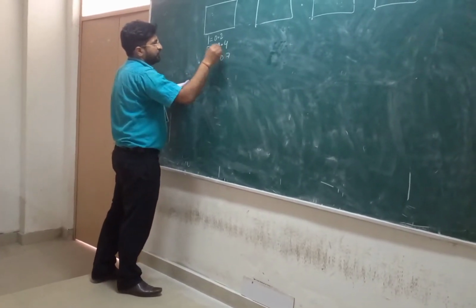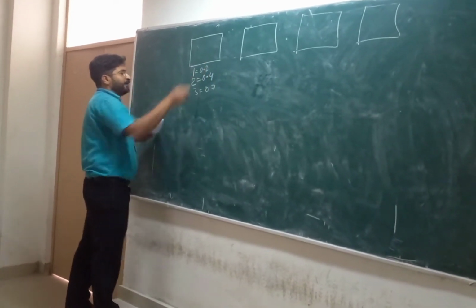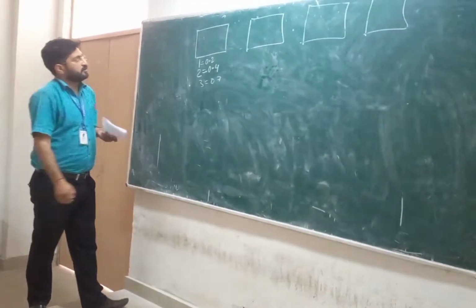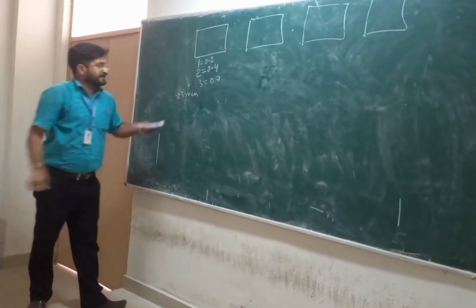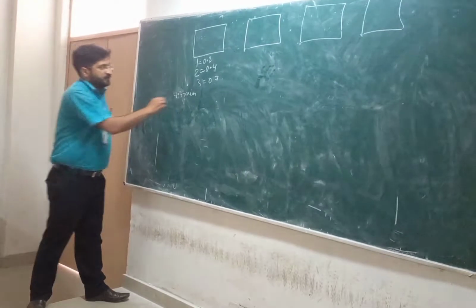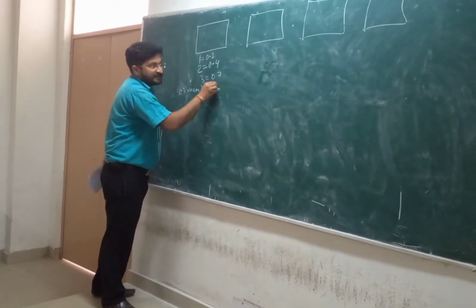Now element 3 timing is 0.7. If I add 0.7, 0.4 and 0.2, how much is it? 1.3 minutes. This is exceeding 1 minute, and that 1 minute is the cycle time.